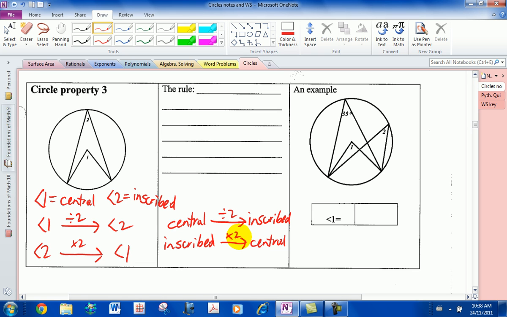Any questions? Okay, try and figure out angle 1 and angle 2 in the example. Now look at the example, figure out angle 1 and angle 2.